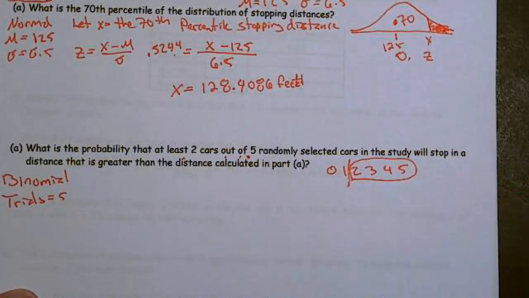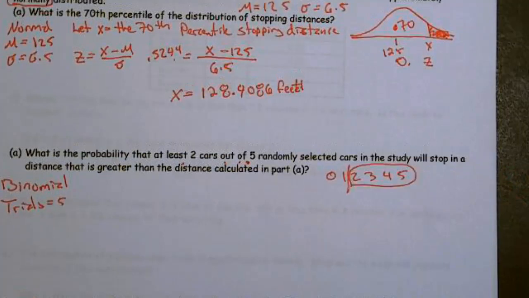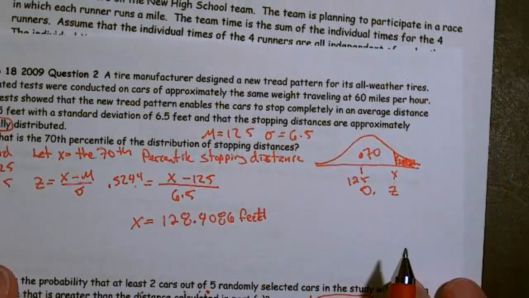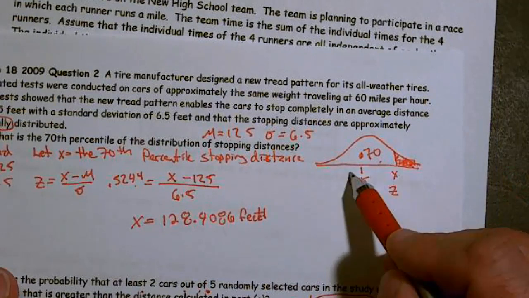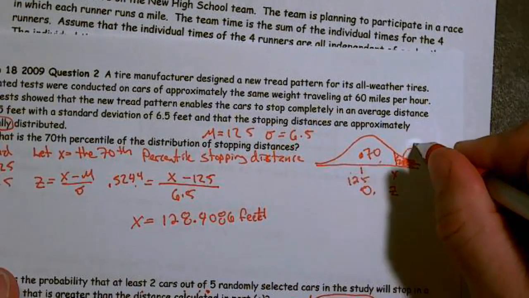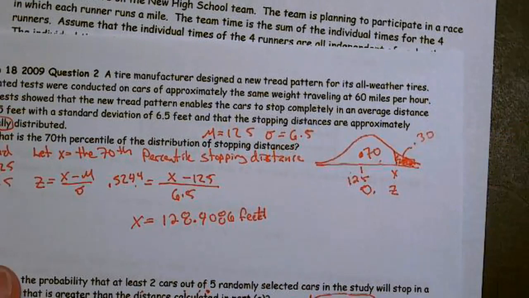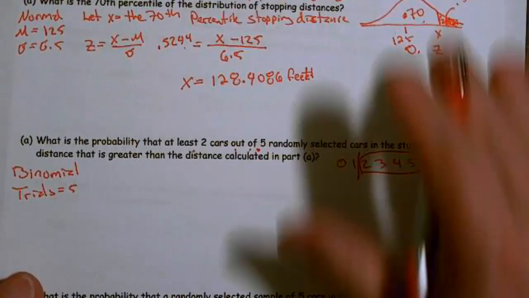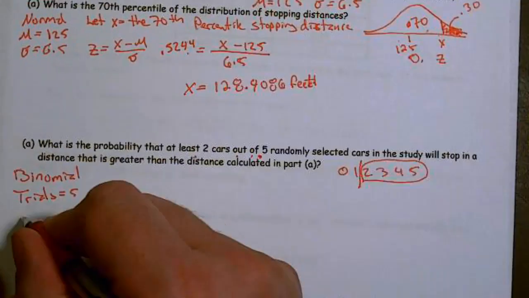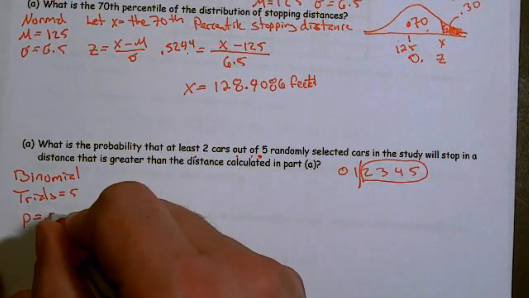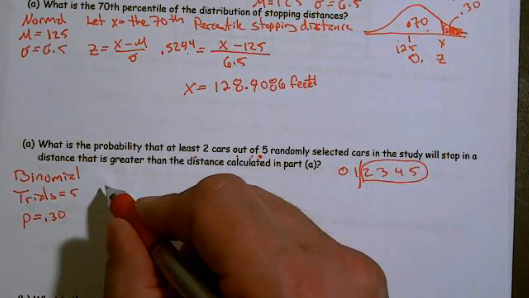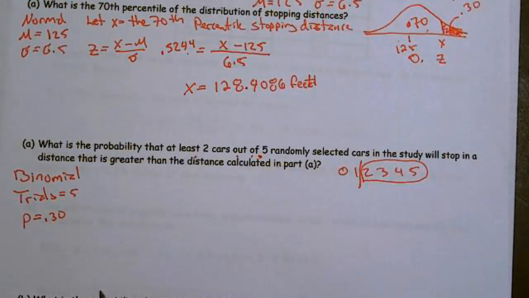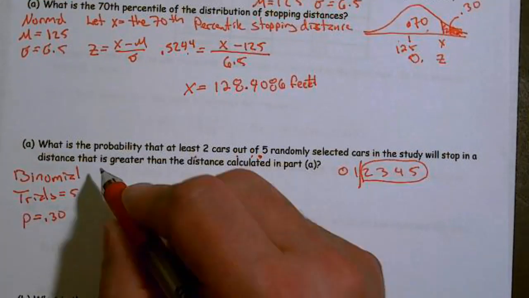So I need to identify my p-value. Looking back up at our drawing, 70% of the cars stop in a distance less than that, so 30% stop in a distance more than that. So my p-value is 0.30.